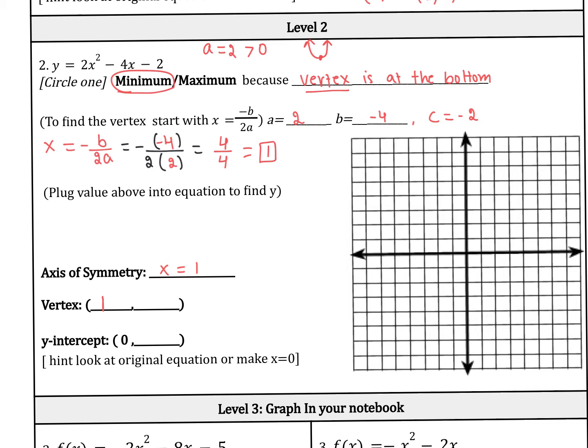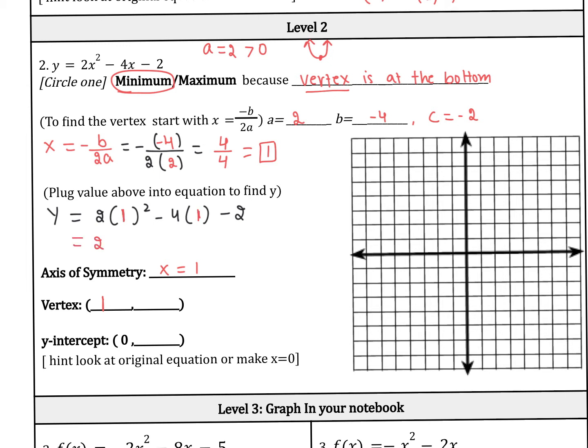To find the y value, you do the same thing. y equals 2x squared, and so on. Put the bracket around x and plug the x value inside the bracket to solve for y. So you're going to have 1 here.